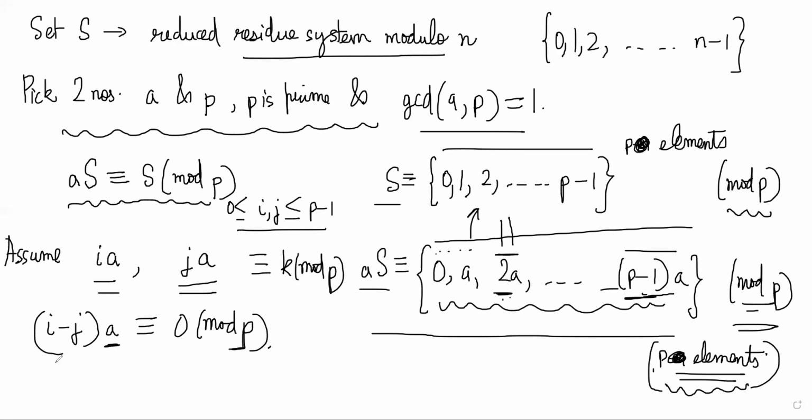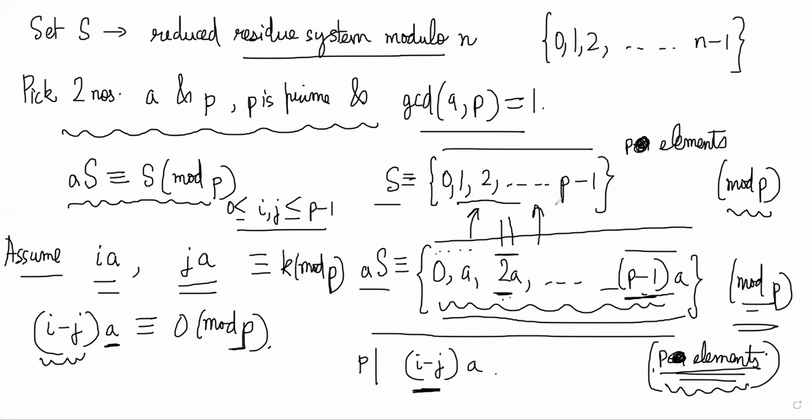And I minus J is less than P, so it cannot be divided by P. So here we know that P divides I minus J into A, but P cannot divide A and P cannot divide I minus J either. So it's a contradiction, right? So none of the remainders here will be identical and there are P remainders. So they must form the residue class here. That is the proper way to prove this.